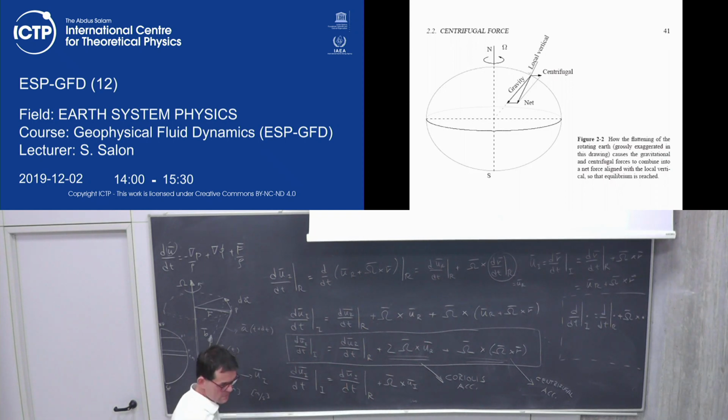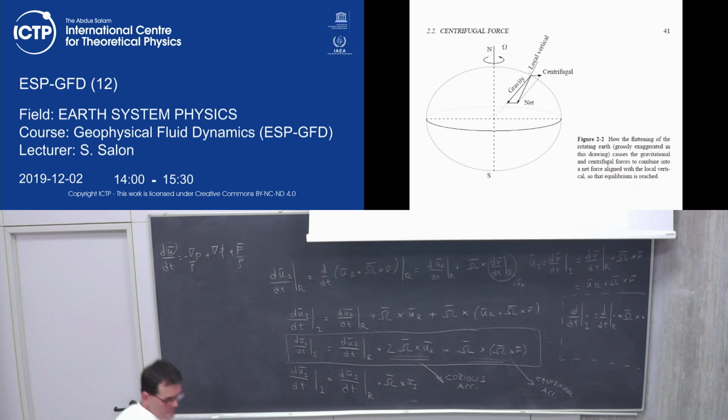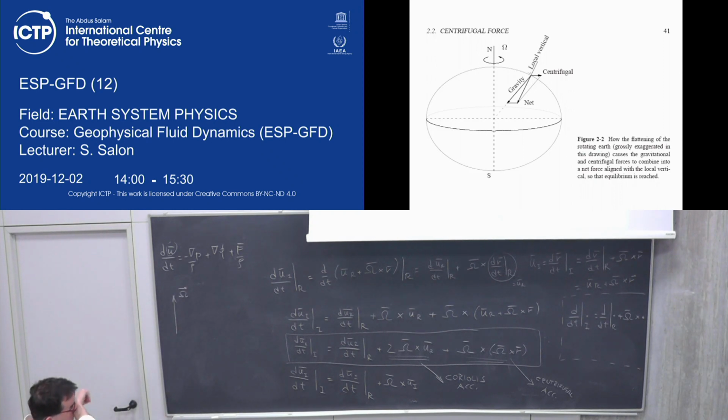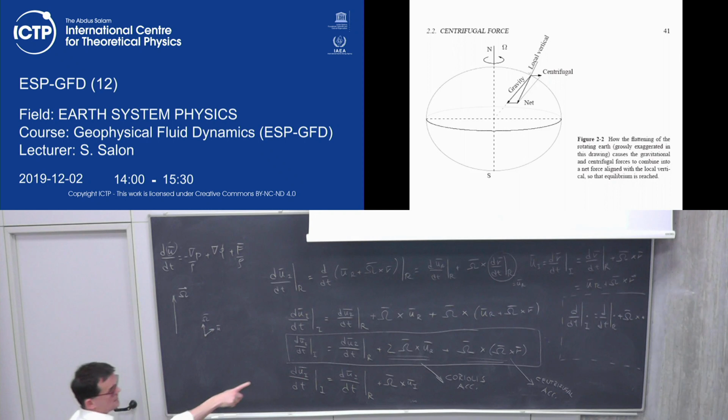So this is my vector omega, and this is u, so this will be omega vector product with u, so we have omega u.